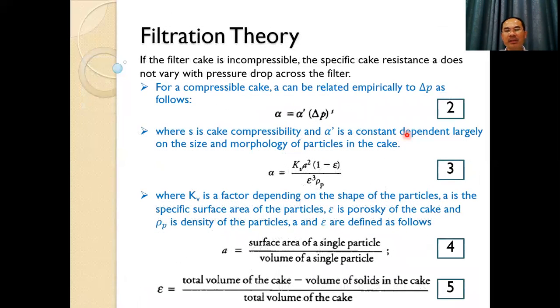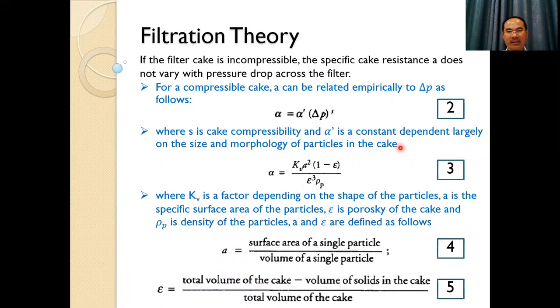Okay, and then we will consider the cake. Mostly we talk about the resistance of the cake. We have at least two kinds of cake: compressible cake and incompressible cake. That's right. For compressible cake, we can relate the cake resistance to the pressure drop.